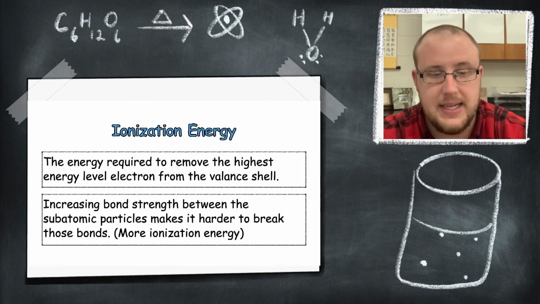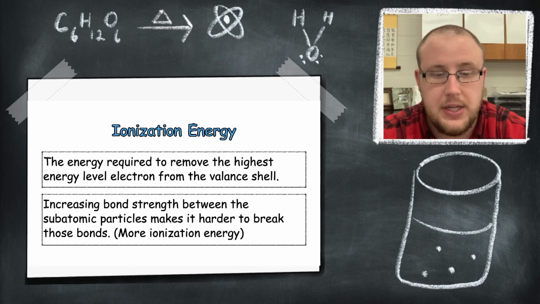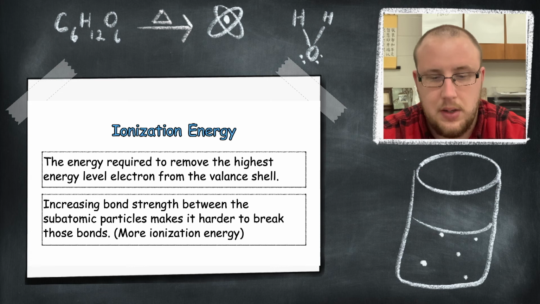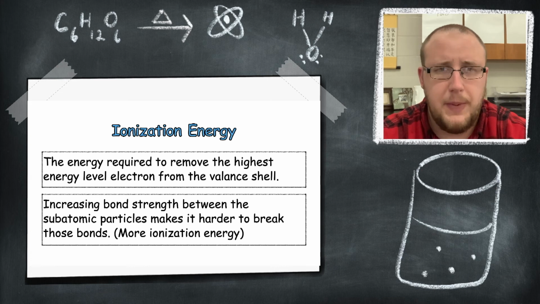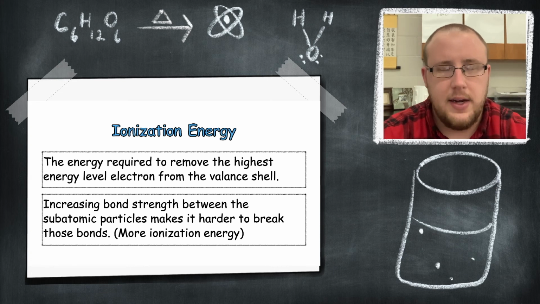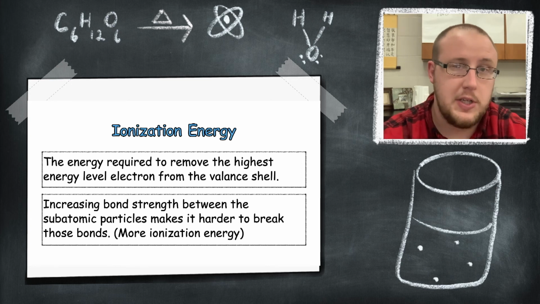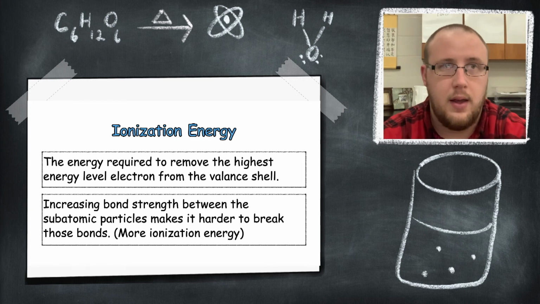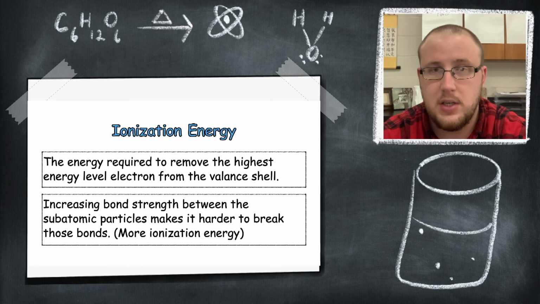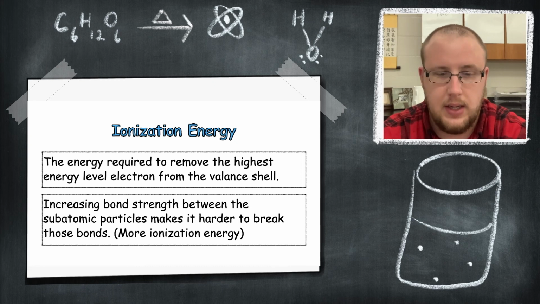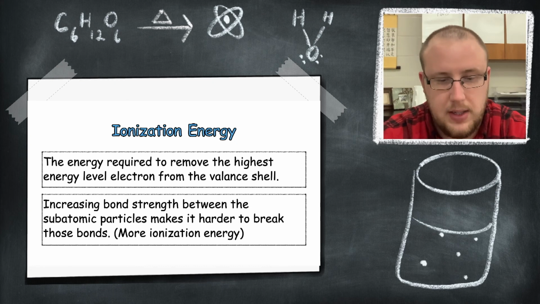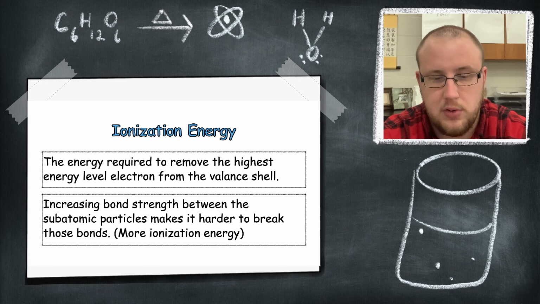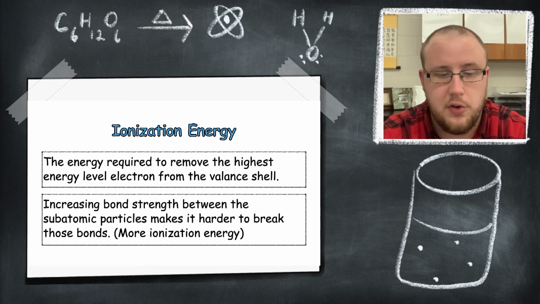Next is ionization energy. Ionization energy is the energy required to remove the highest energy level electron from the valence shell. So basically this is saying, ionization energy is how much energy is required to remove the electron that is the farthest away from the nucleus. Increasing bond strengths between subatomic particles make it harder to break these bonds.